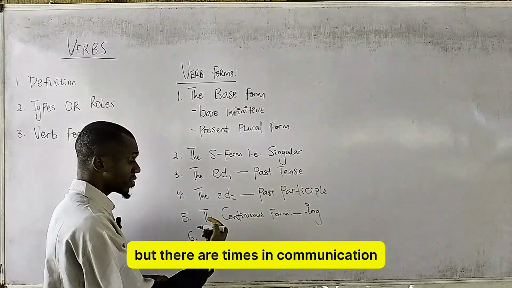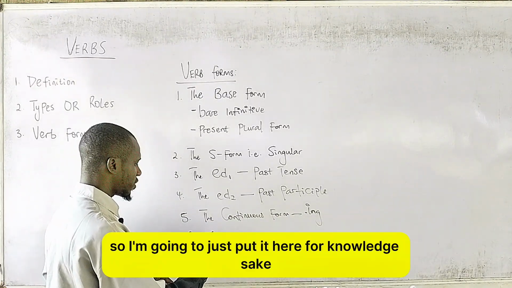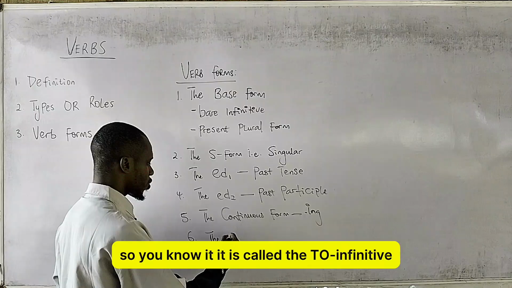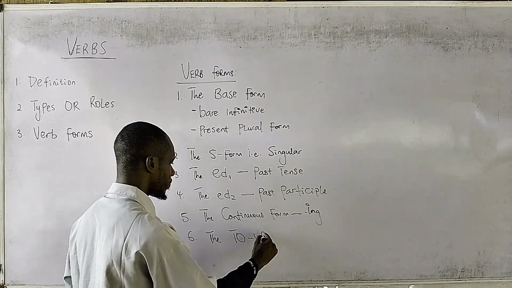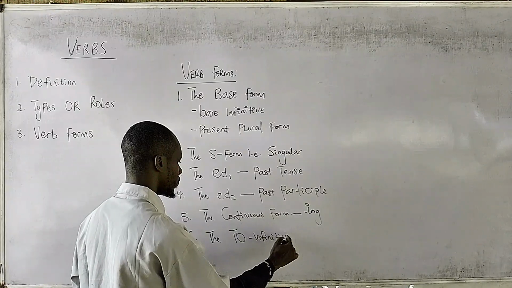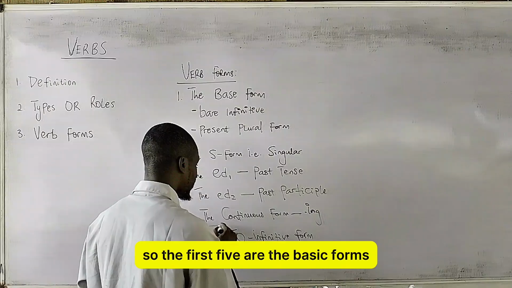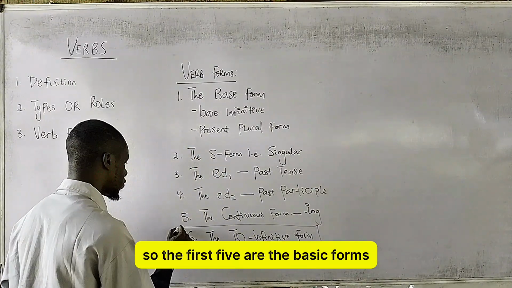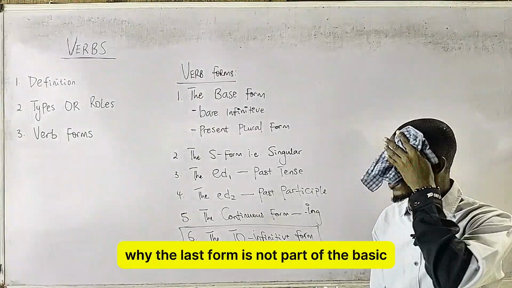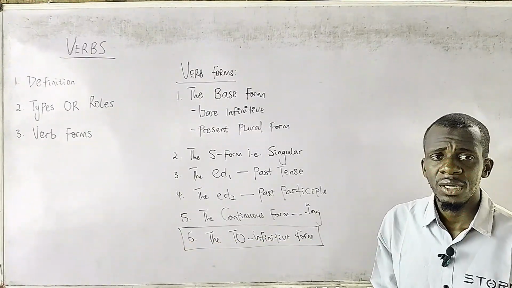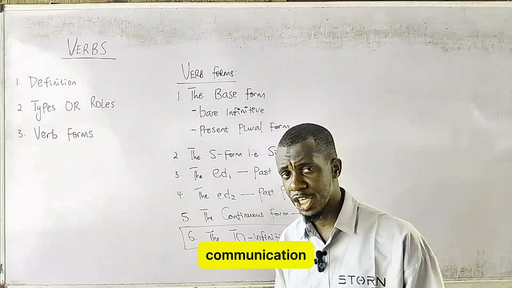There are times in communication we employ this form, so I'm going to just put it here for knowledge sake. It is called the to infinitive form. So the first 5 are the basic forms, while the last form is not part of the basic, but it can be employed in English language communication.